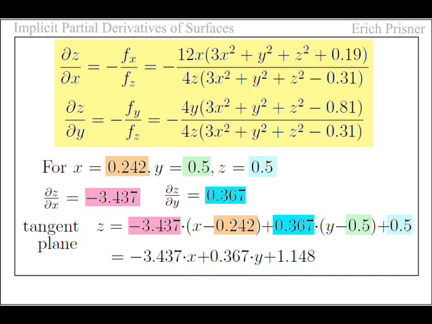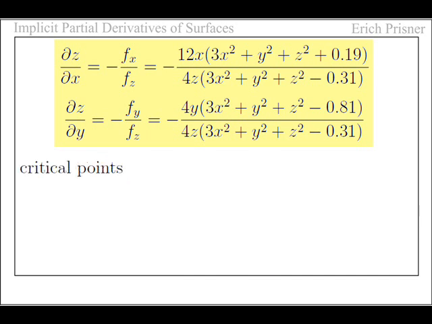Therefore, the tangent plane has the equation c equals minus 3.437 times (x minus 0.242) plus 0.367 times (y minus 0.5) plus 0.5, which is equal to negative 3.437 times x plus 0.367 times y plus 1.148.